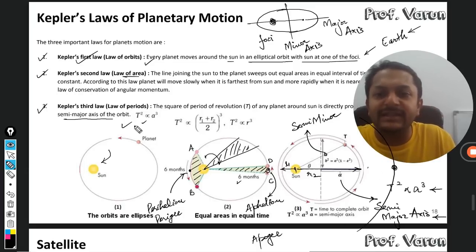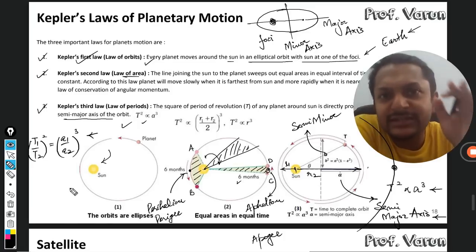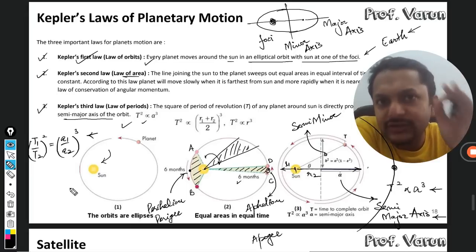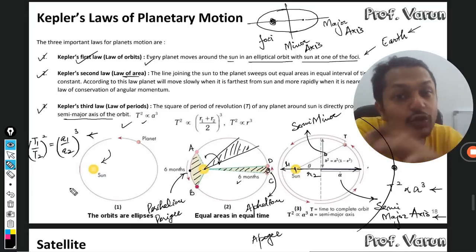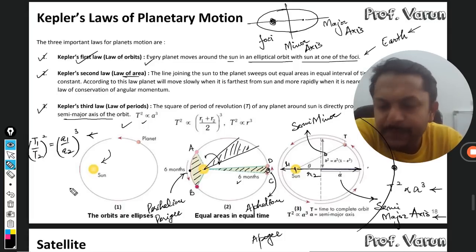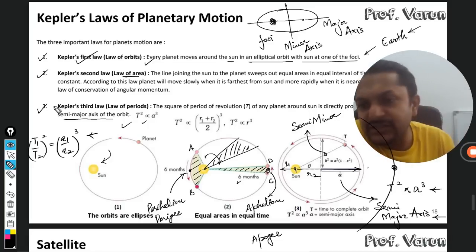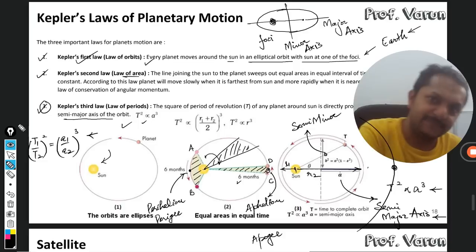You can clearly apply this, and you can say T1 squared divided by T2 squared is equal to a1 cubed divided by a2 cubed. And this is a really important formula, really important concept for you, because every other time you are going to get this question. Kepler's is a new topic added into the syllabus, and as per all the questions that I can see, this topic is going to be very important for your exam, and Kepler's third law is going to be utmost important.